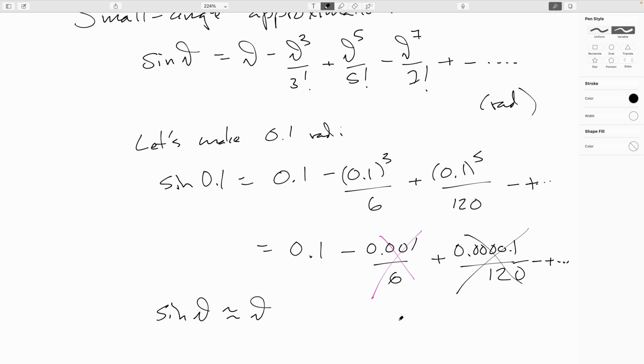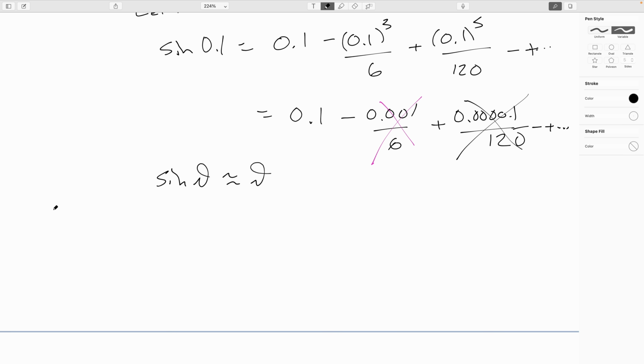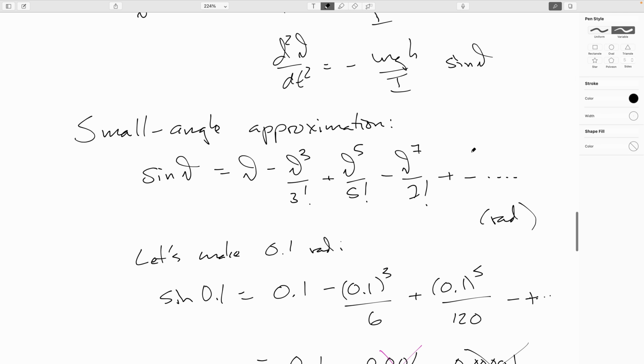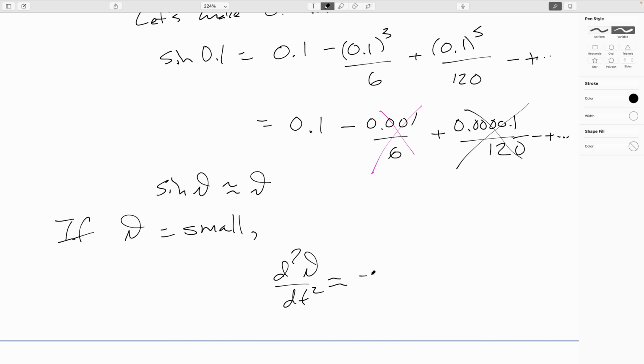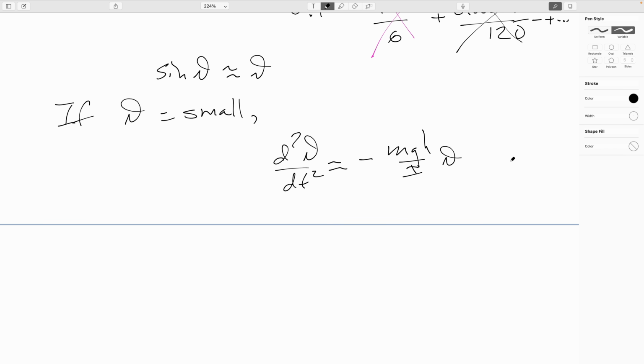So as long as we agree to keep the angle small, and how small is small depends on how fussy you want to be, but small enough that these correction terms don't matter, we can then say that our second derivative of theta with respect to time is approximately, and here we'll replace the sine theta with just plain theta, minus mgh over I times theta itself. And that gets it into the canonical form.